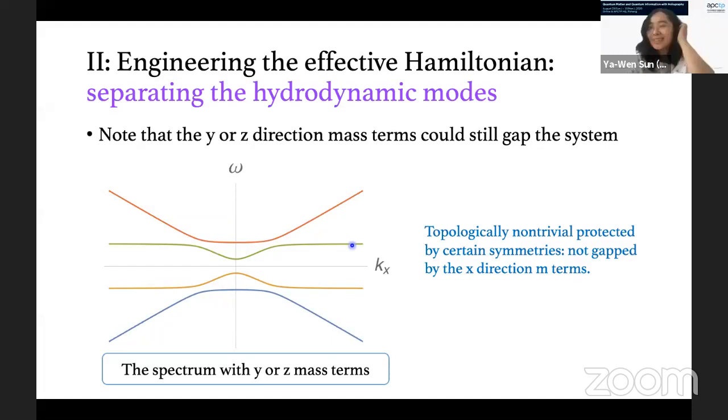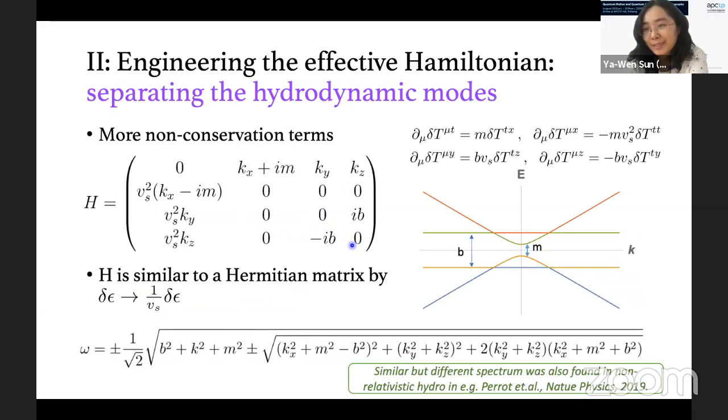So this is an illustration showing what is topological and accidental crossing. For those who are not familiar with these concepts in condensed matter physics, when we say this crossing is topologically protected, this means that a small perturbation will not gap it. So this crossing would always exist when you perturb the system a little.